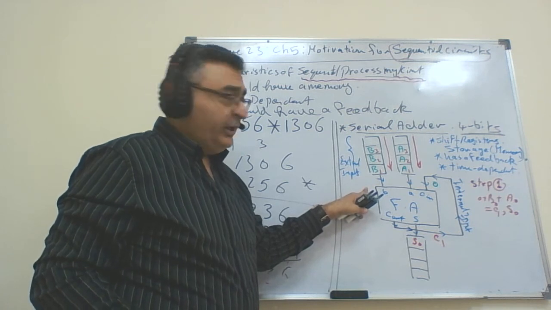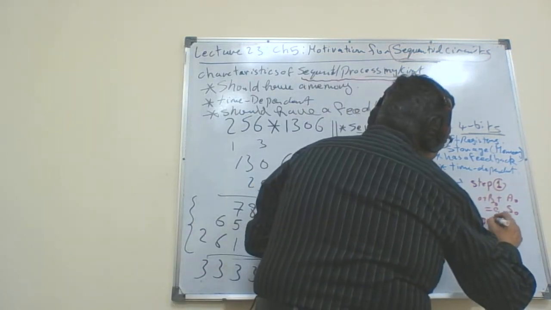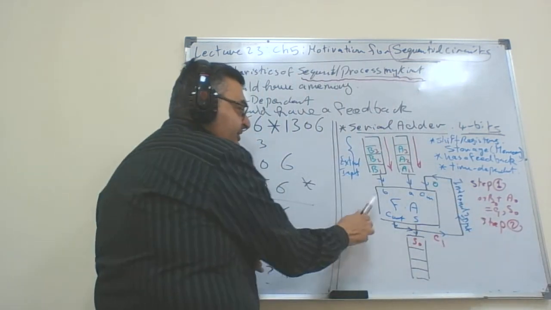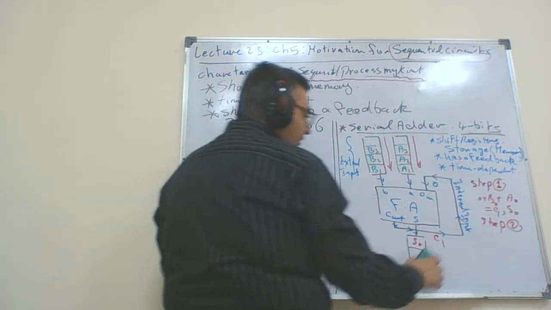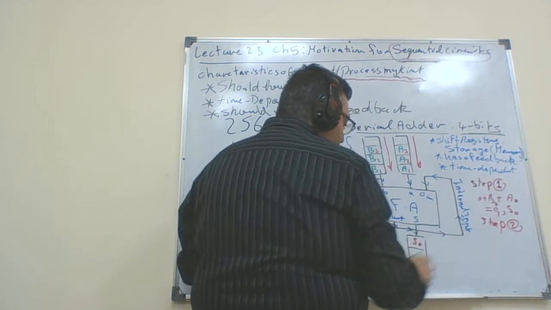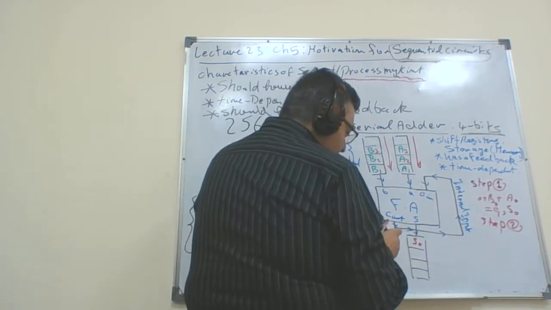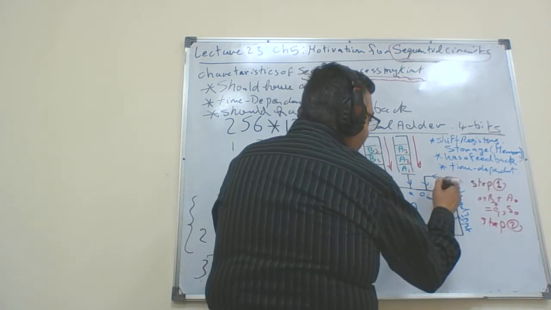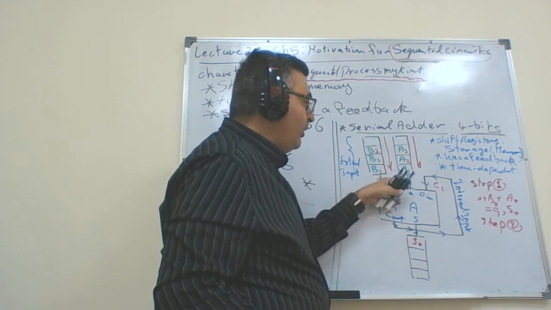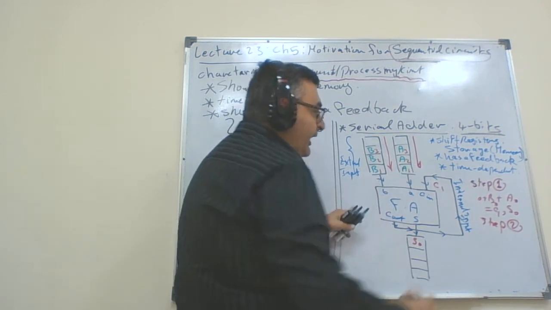So right now in step number 2, this full adder will have the following inputs. It will have C1 from the feedback, it will have A1, and it will have B1, added together.